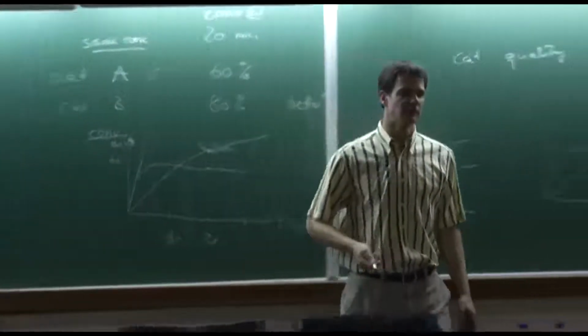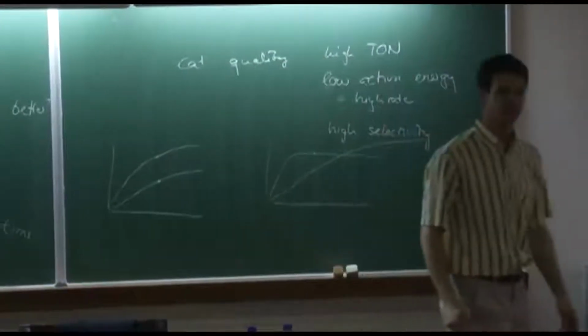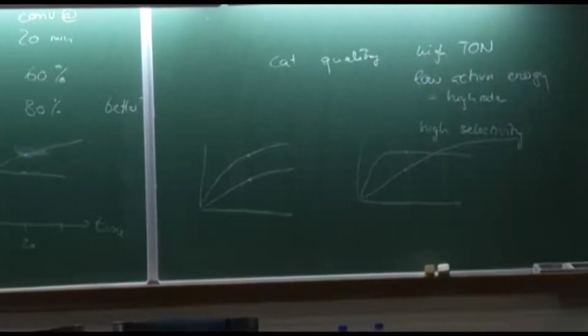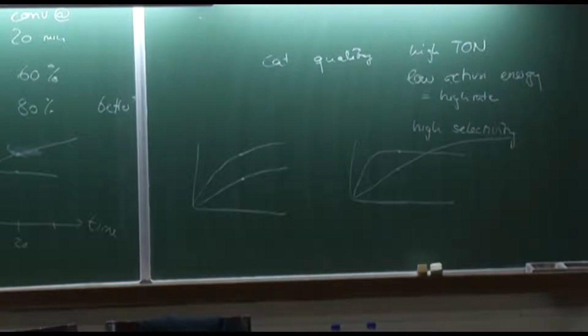And because these are conversions, what do we know about selectivity? Nothing. We just know conversion is typically the consumption of substrate. So in order to start characterizing a catalyst, we need much more than single data points.